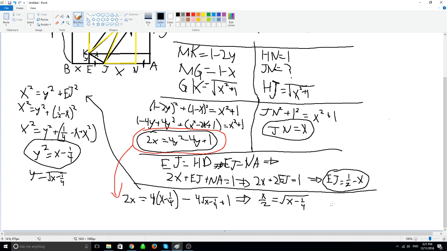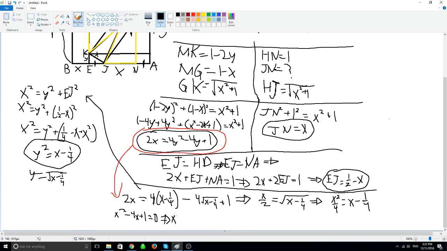That's if you simplify it enough, and simplifying it is very simple and easy. And now we square both sides, so we get x squared over 4 equals x minus 1/4. Now we're going to bring this down again. Kind of hate fitting it down here, but now we have x squared minus 4x plus 1 equals 0. And then now it's just using the quadratic formula, and that would pretty much be it.